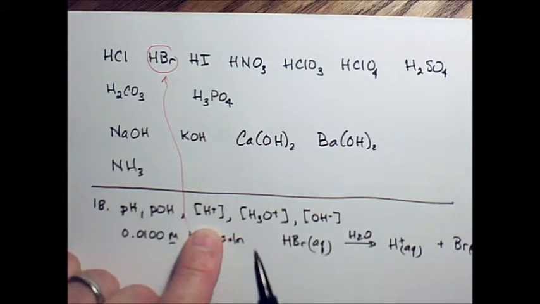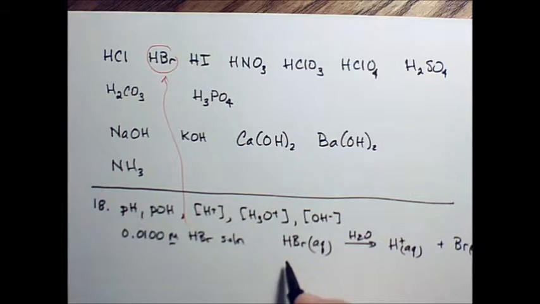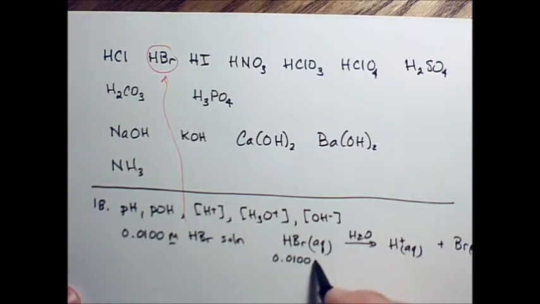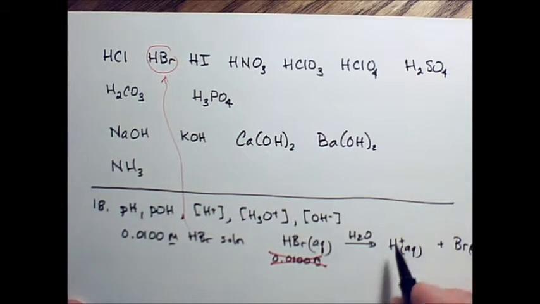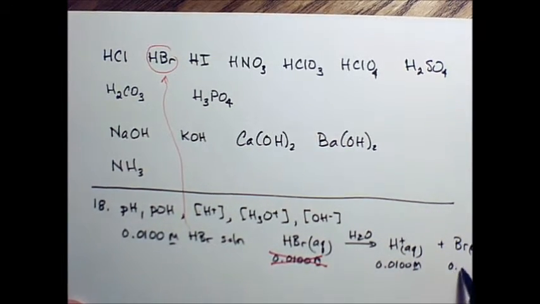Correct. Okay? So, if we have then 0.0100 molar of this, then all of this is going to go away because the HBr dissociates completely. We're not going to have any of that left. And what we're going to have then is a solution that is both 0.0100 molar in the hydrogen ion and 0.0100 molar in the bromide ion. Okay?